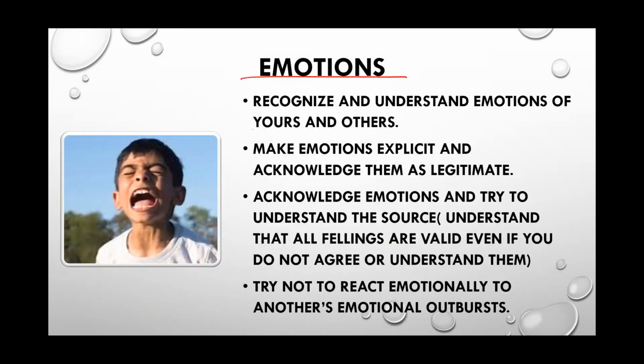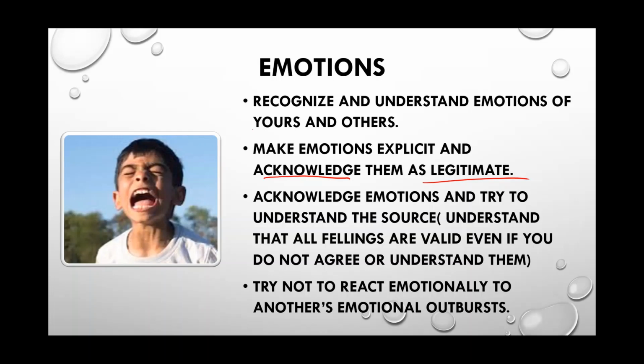Now, emotions. The key element of principled negotiation is to recognize and understand the emotions of yours as well as others. When you express your emotion, the emotion should be explicit, that is, it should be clear as well as straightforward, and at the same time acknowledge or accept the other person's emotions as legitimate, that is valid, and try to understand that all emotions are valid.